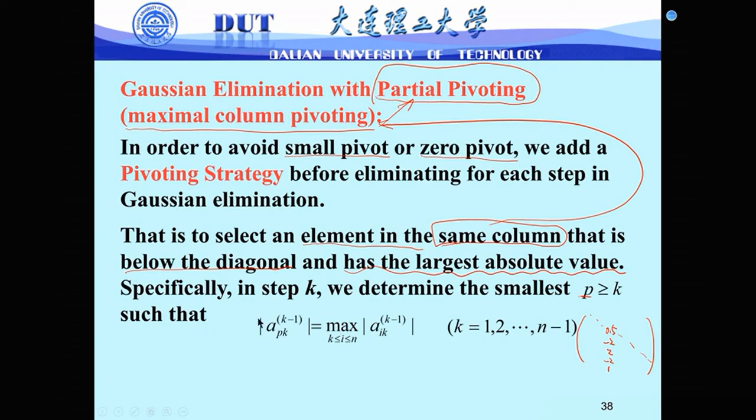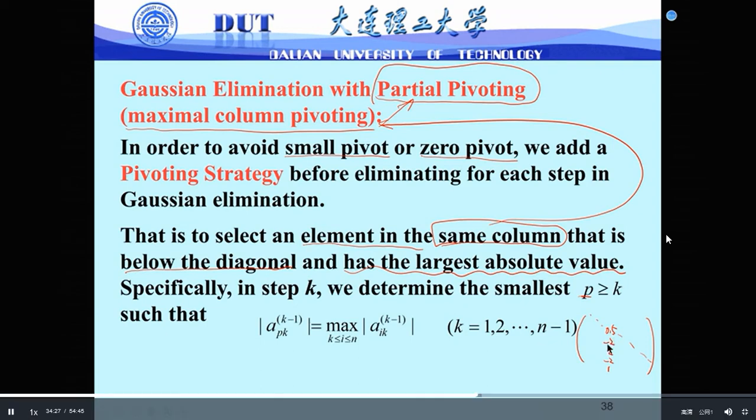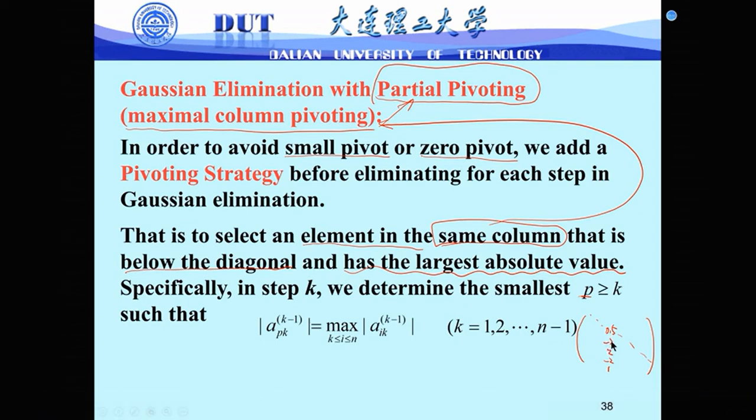By absolute value, the three elements have the same absolute value, 2. Then which one should be the new pivot? Here we can choose the smallest. That means you can choose just this number as the new pivot, because we have the same absolute values, so you only need to choose one.